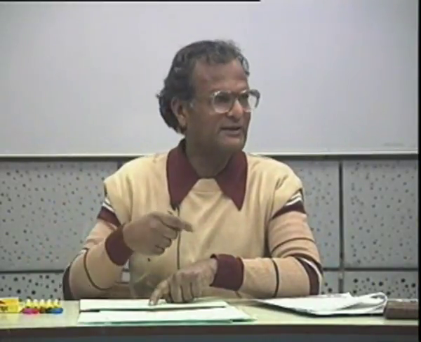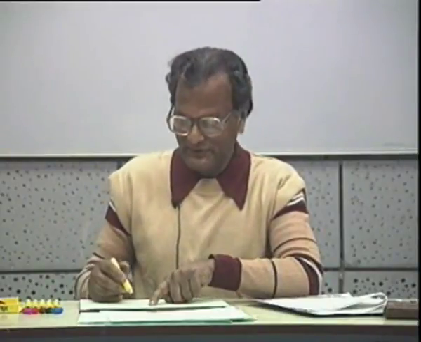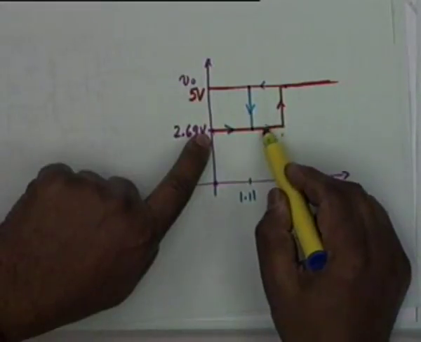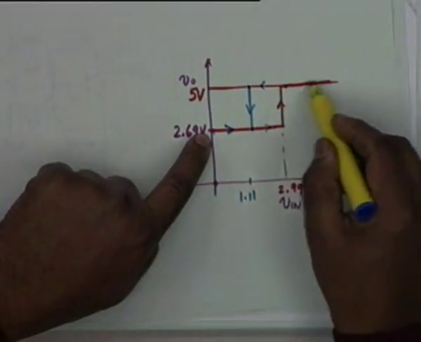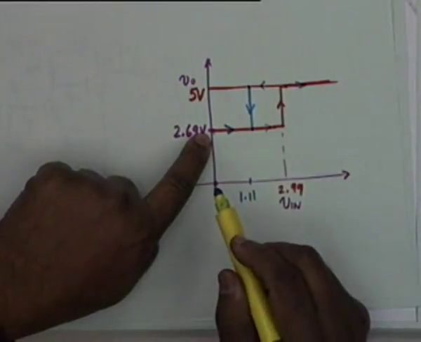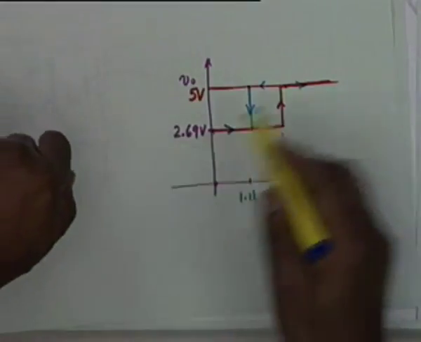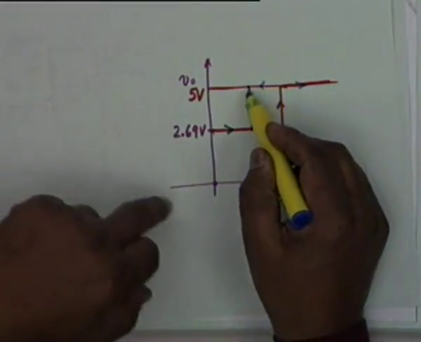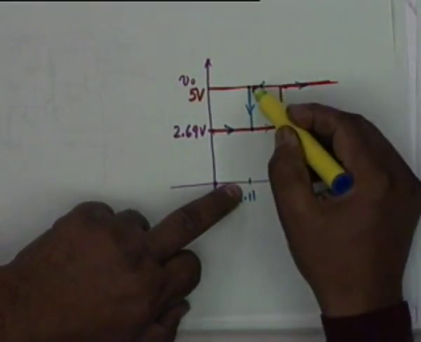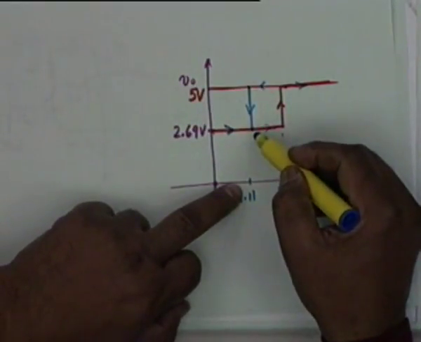Then I connected a battery and continued increasing. If I increase up to 2.99, then suddenly there is a change of state, and this state remains like this. If I want to come back, then I reduce V in, and I have to reduce up to 1.11 to be able to change again to the other state.